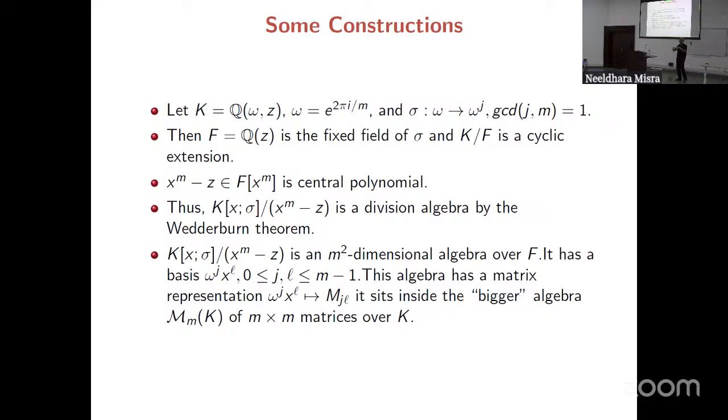If I take the K linear combination of these matrices, it gives me the entire matrix algebra. I get the whole of the M by M matrices over K. And there's a reason for that, which I will not explain.